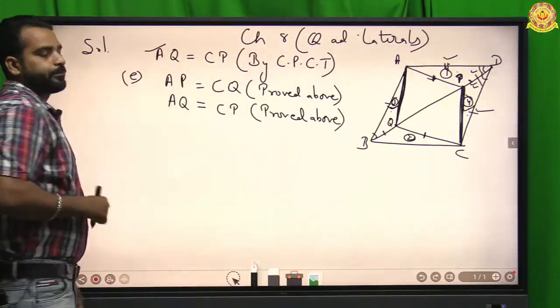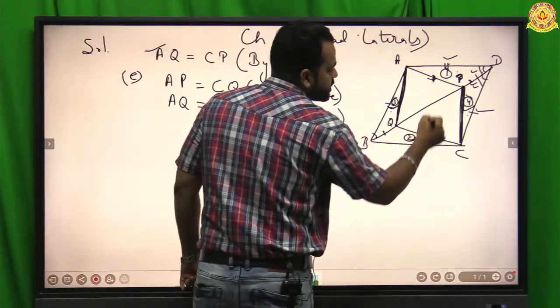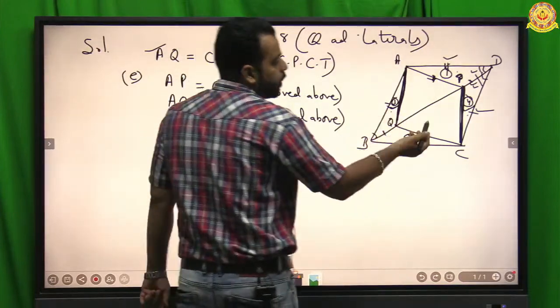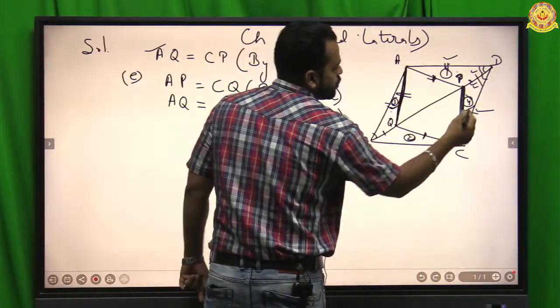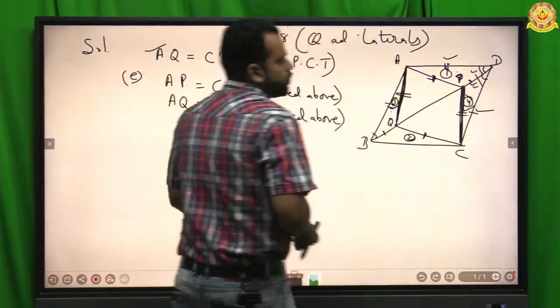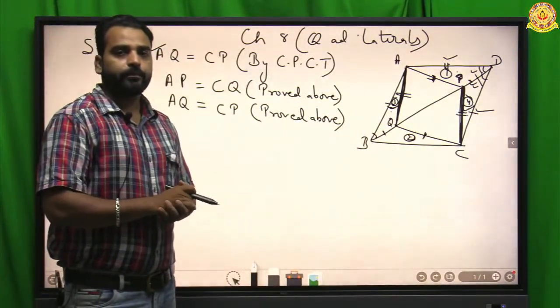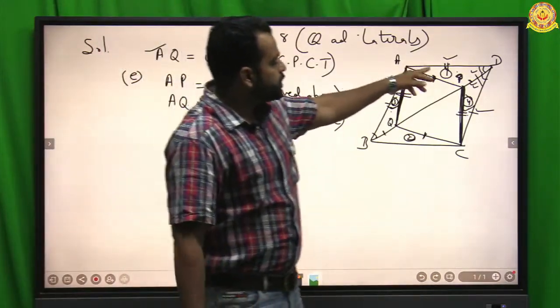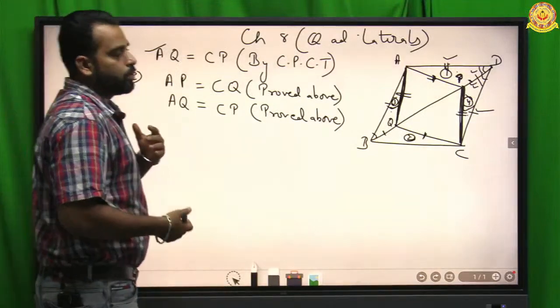Here it is. Okay, so now can you tell me, if the opposite sides of a quadrilateral are equal? This is equal to this one, and this AQ is equal to CP, this one. So what figure APCQ is formed? Obviously, if the opposite pair of lines are equal, then it is a parallelogram.